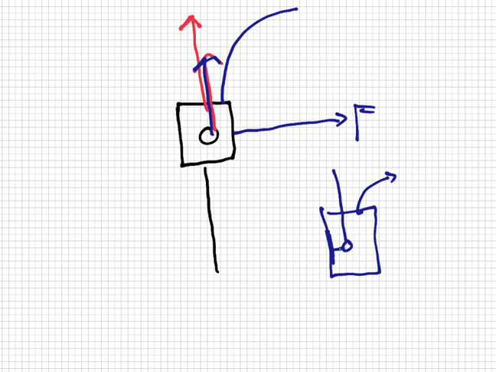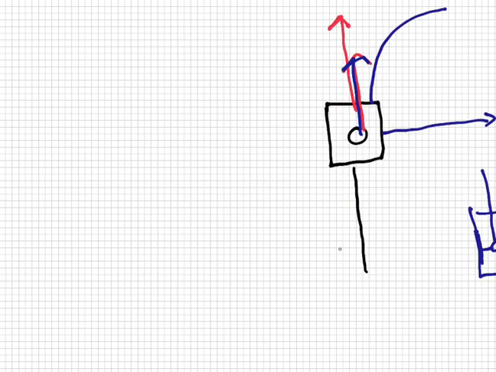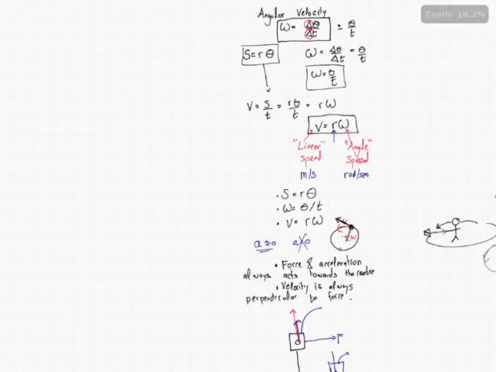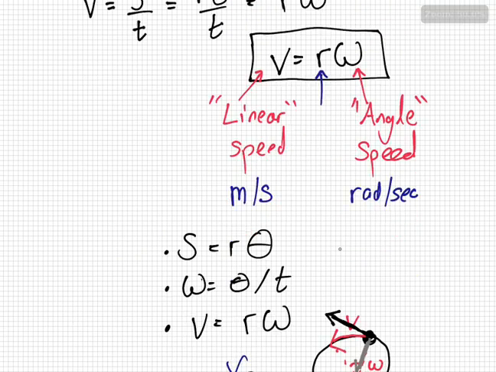Okay, now we'll look at more formulas. We do have a force, so that means we do have an acceleration. I'll give you the formula. I won't bother to do the proof. You can read it if you want. So what is the formula for acceleration?